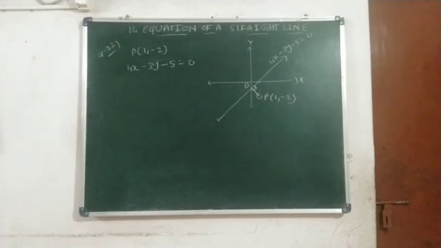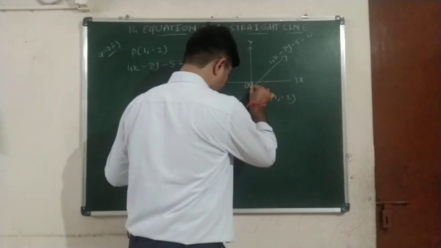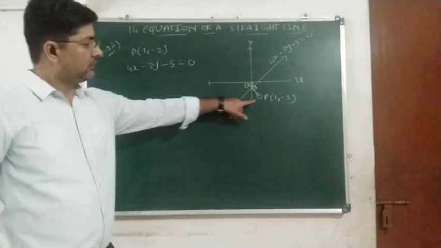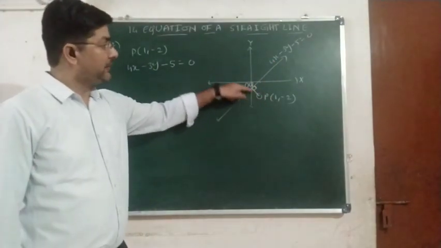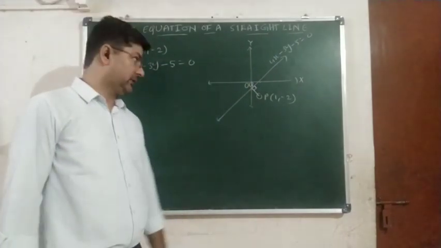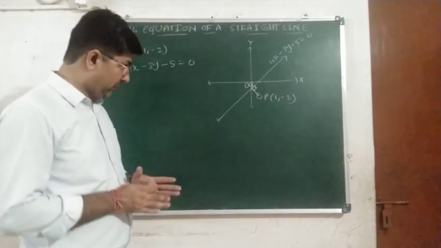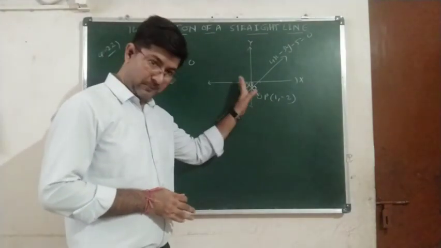Say the foot of the perpendicular is Q, such that PQ is perpendicular to the given line 4x - 3y - 5 = 0. So we have to find the equation of the perpendicular.